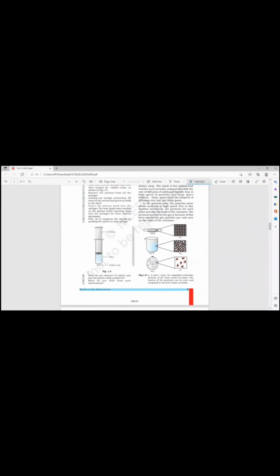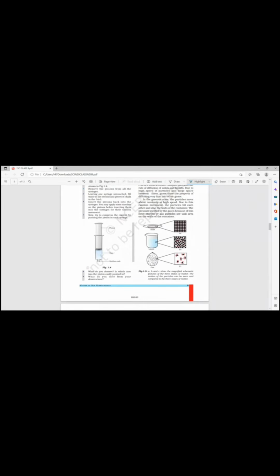Now these are three pictures of the solid, liquid, gas. In solids, the particles are very closely packed. In the liquids, the particles have much intermolecular space between them, and the force of attraction between the molecules of the solid is very high. Force of attraction between the molecules of the liquids is comparatively low.